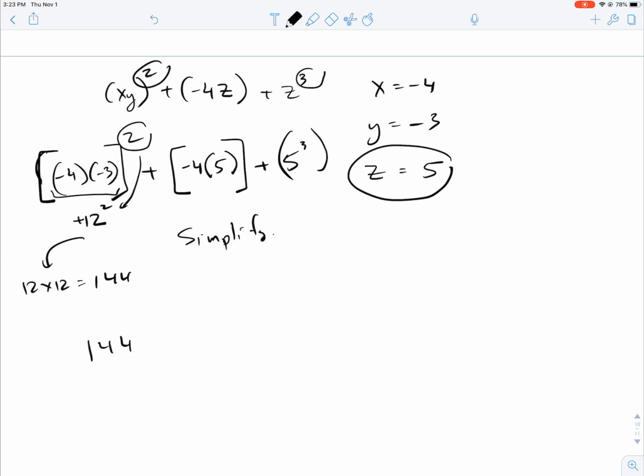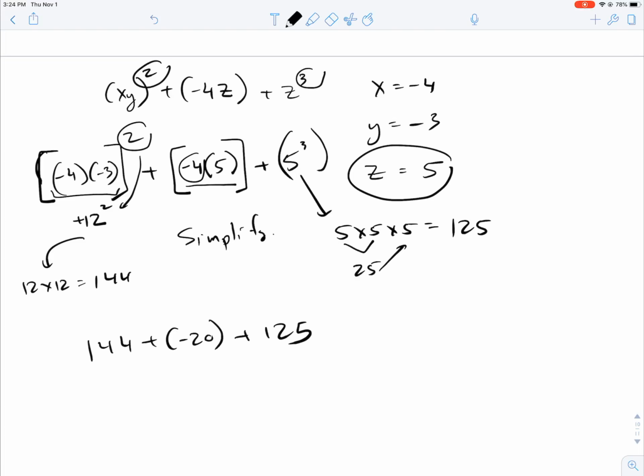Looking at the second term, I take -4 times 5, which is -20. You could write plus -20 if you want. Plus 5 cubed, which is 5 times 5 times 5. 5 times 5 is 25, and 25 times 5 is 125.